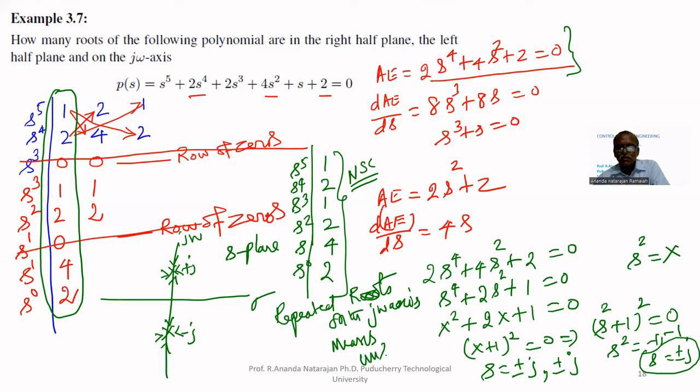A single pole is permitted, but repeated, two poles at the same point on the j omega axis, means the system is unstable. Even though there is no sign change in the first column, it's unstable.